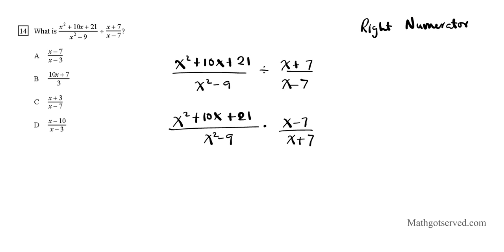Actually, it's on the left. So the left numerator. If we want to factor out the left numerator, we're going to have x squared plus 10x plus 21. We'll make our little x. AC is 21, B is 10. 7 and 3 works perfectly here.